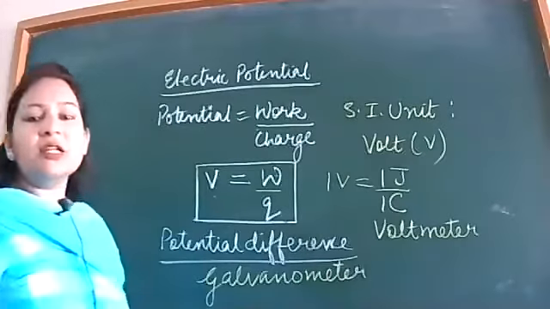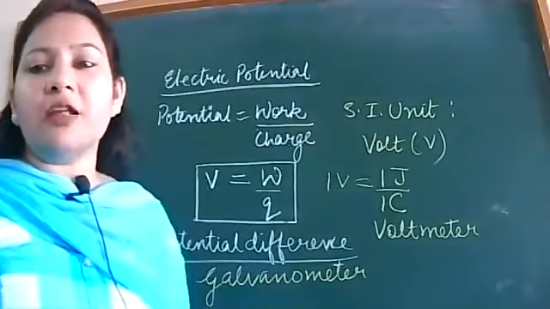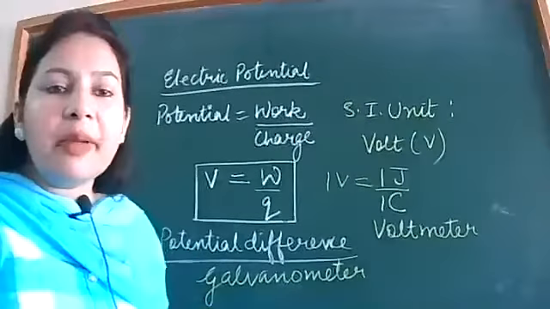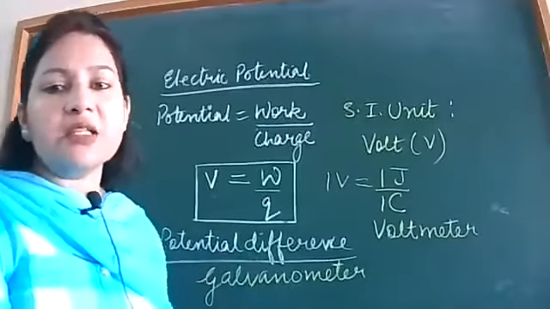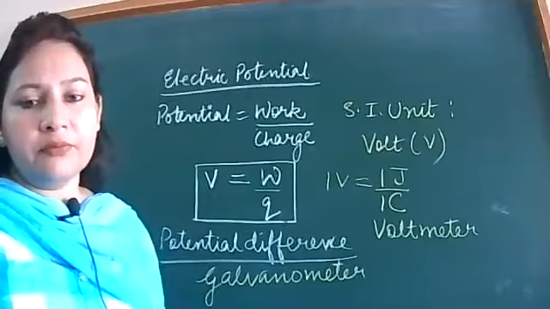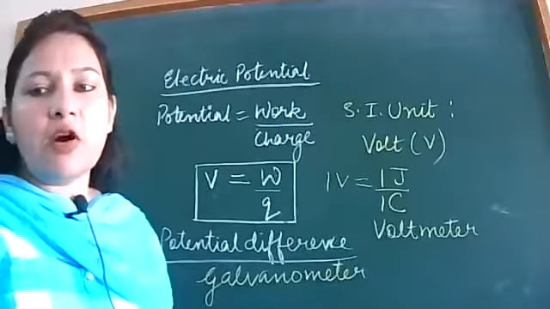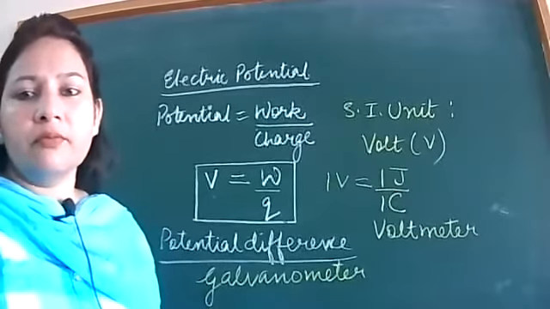So a galvanometer is a device that is used to check the presence of current in a circuit. It can't measure current for us. It is only used to check the presence of current in the circuit, whether current is flowing or not. So for that purpose, we always use a galvanometer.